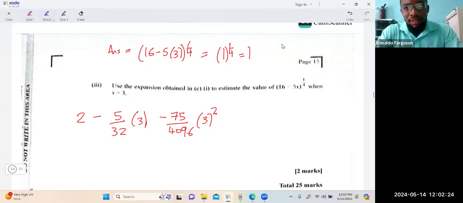All right, let me not skip any lines. Somebody might wonder, what am I doing? Remember earlier we said that 16 minus 5x to the quarter is equal to 2 minus 5 over 32. My gosh, he's batting. Minus 75 over 4,096. 3 now, right?